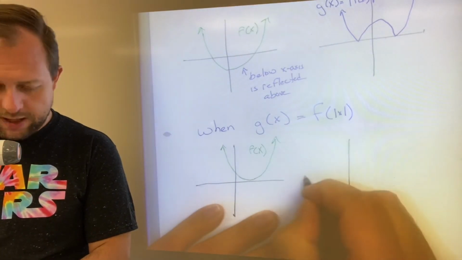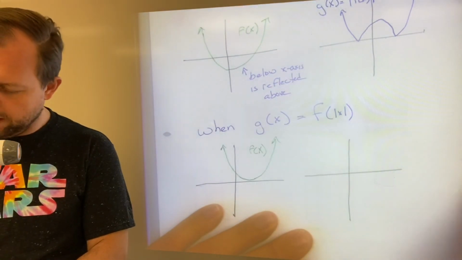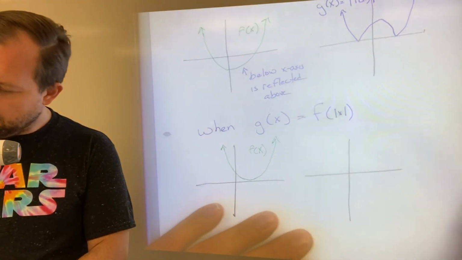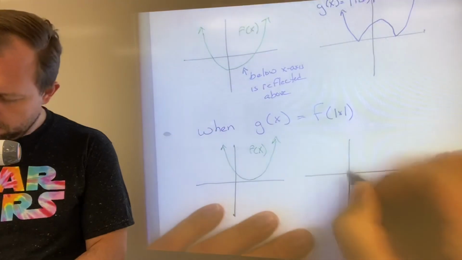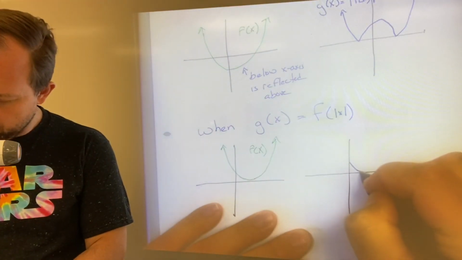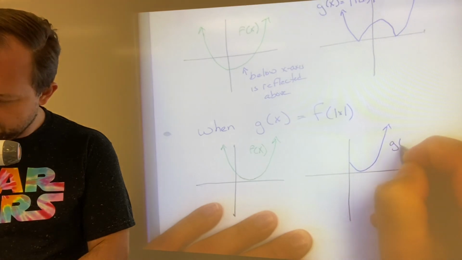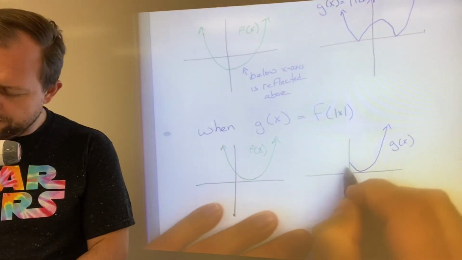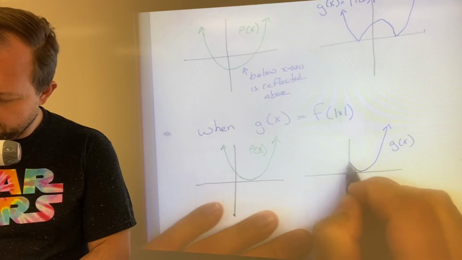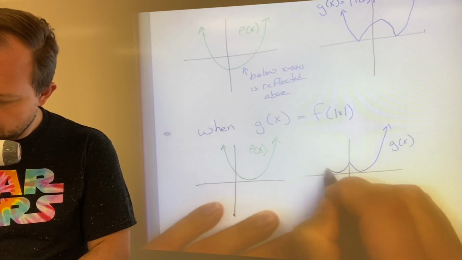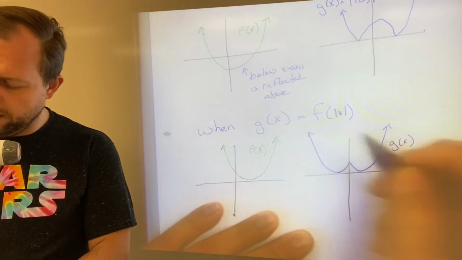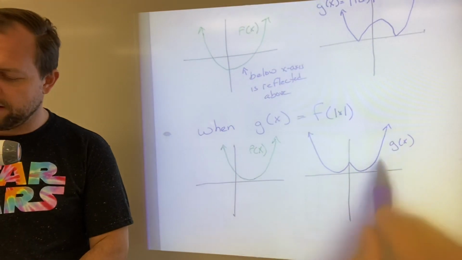And so we're going to end up with our original positive side for g of x, but the negative side is just going to be a reflection because your input values are the same as they were over here.